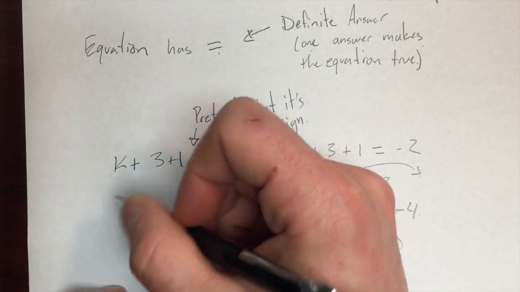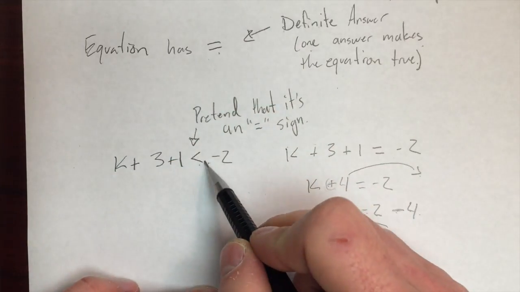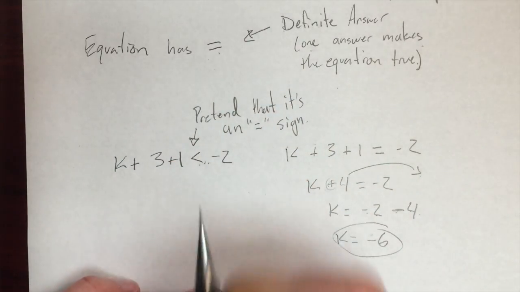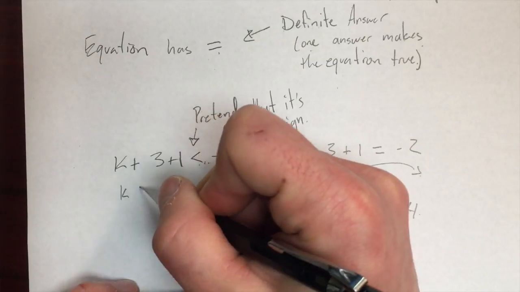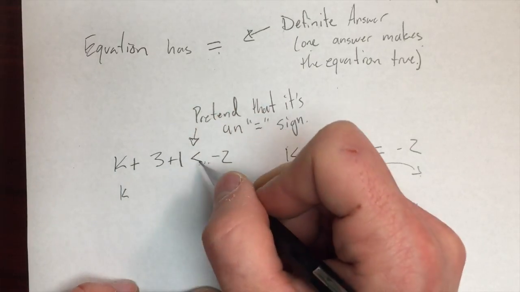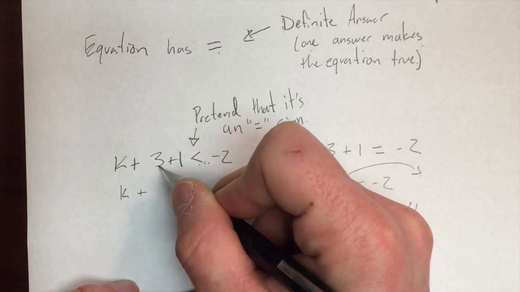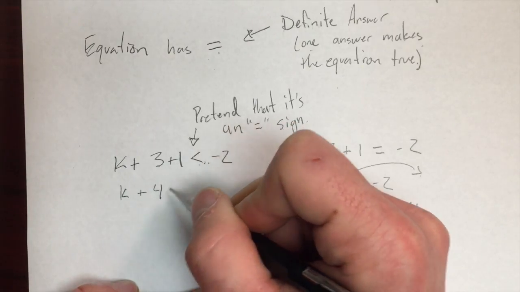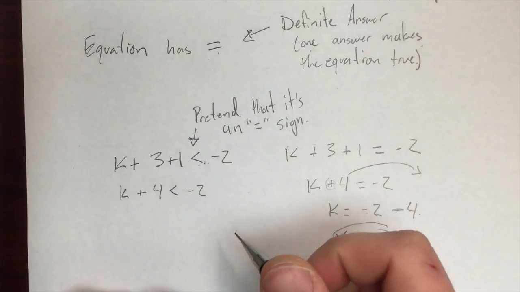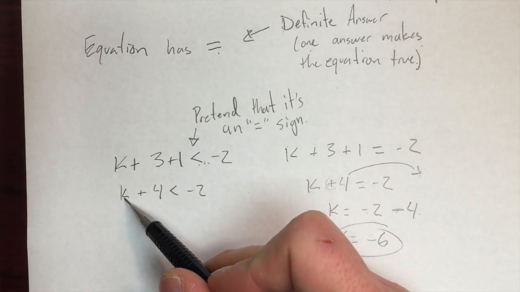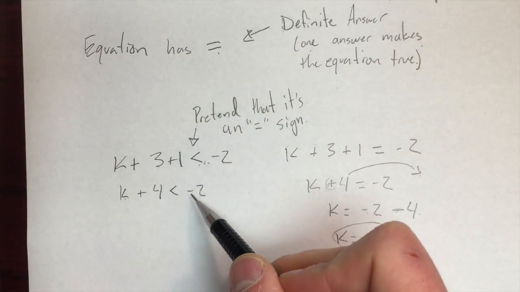Okay, so k plus 3 plus 1 is less than negative 2. All right, so let's simplify the left side of the less than sign: 3 plus 1 is 4, so k plus 4 is less than negative 2.